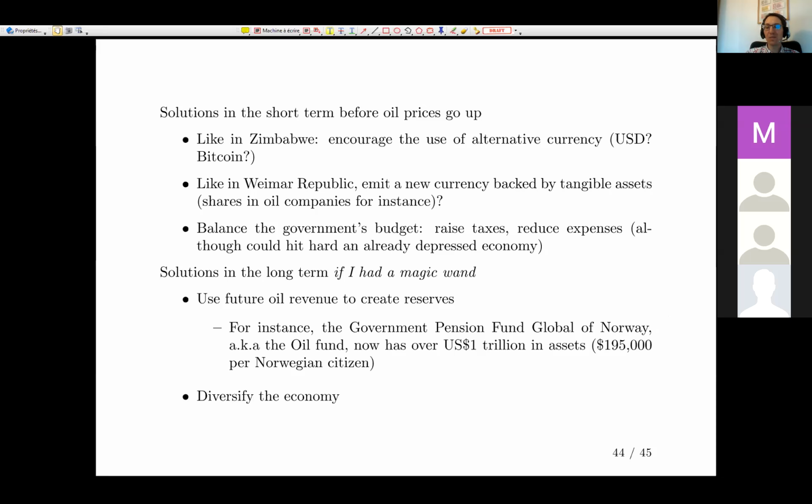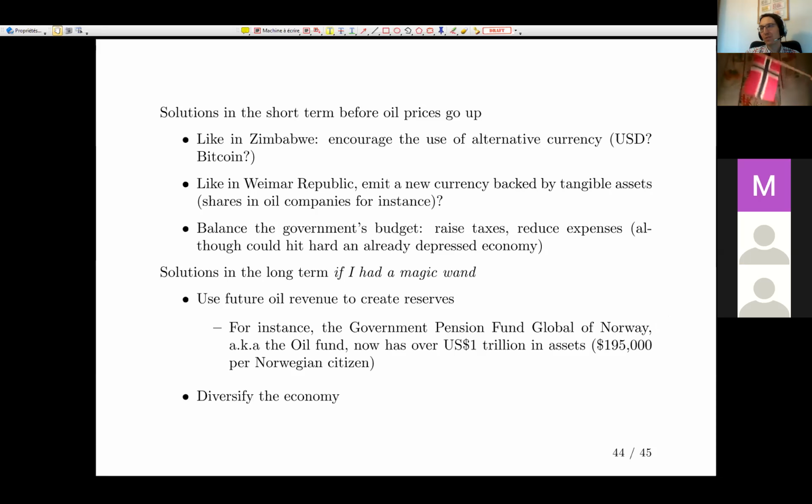And so if you go to Norway, it doesn't look super flashy. It looks like a clean and modern country, but the things are not made of gold.